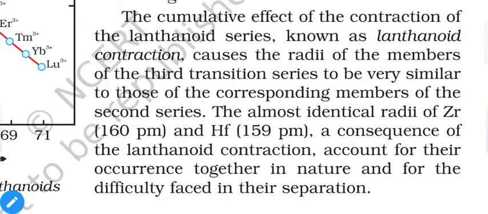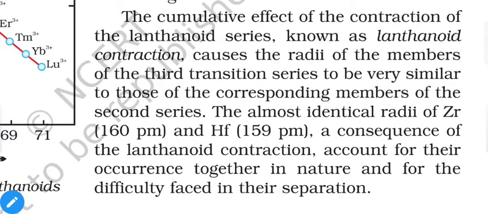Now, because of similar sizes, they will behave similarly, although their densities are different. More number of the element, that means a higher number of neutrons and protons, that means heavier elements. And if it has the same size as the lighter element, obviously the density of that element will be more.